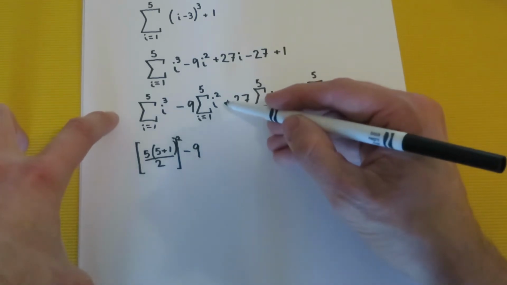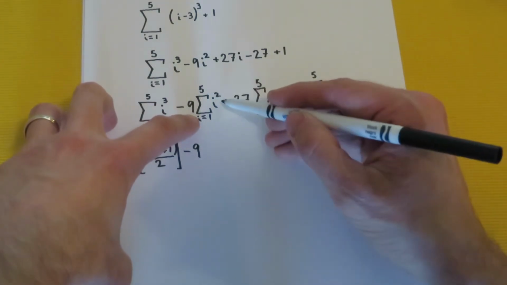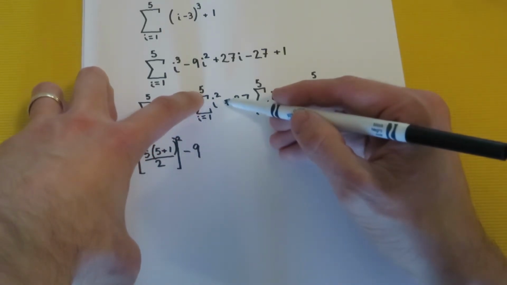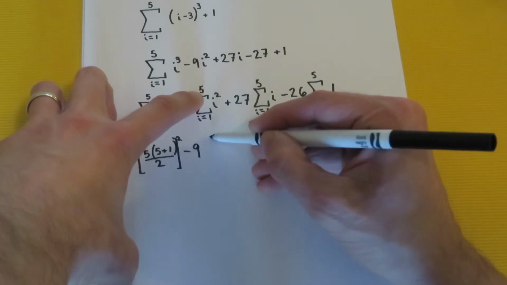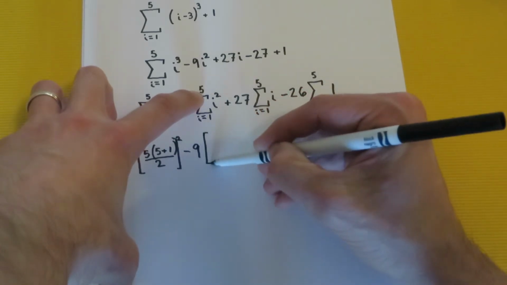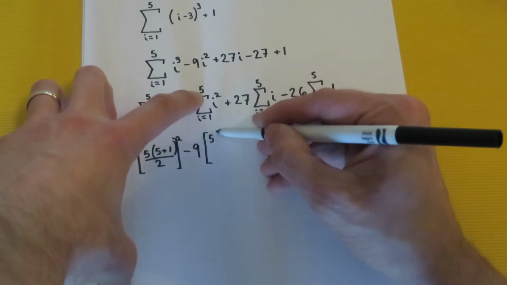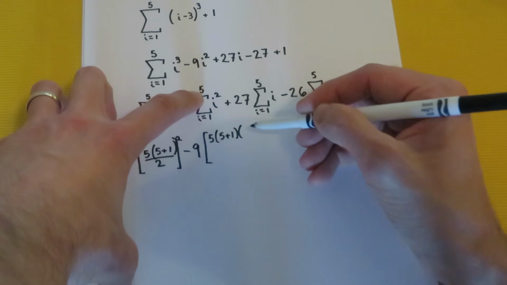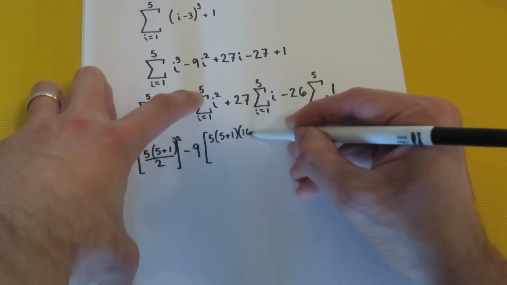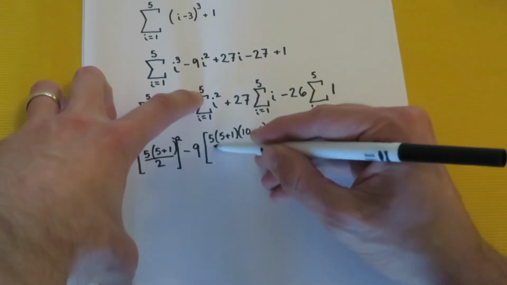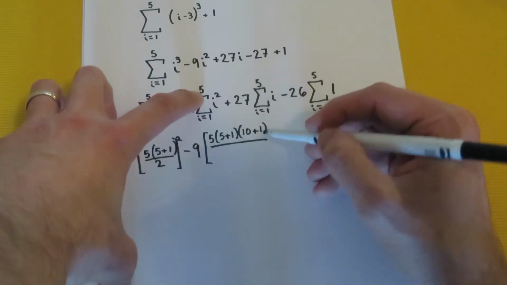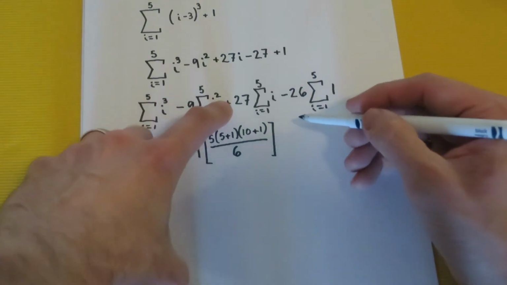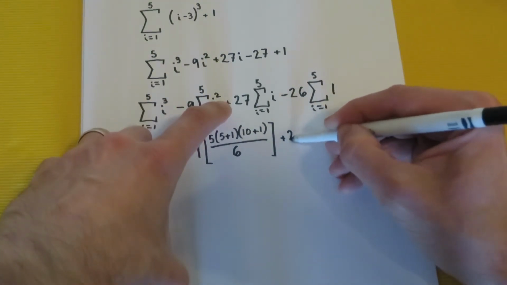9. And here we have the summation from 1 to 5 of i squared. And this is going to equal, put it in brackets here again, 5 times 5 plus 1 times 2 times 5, which is 10, plus 1 over 6. And we'll write the next one out, plus 27.